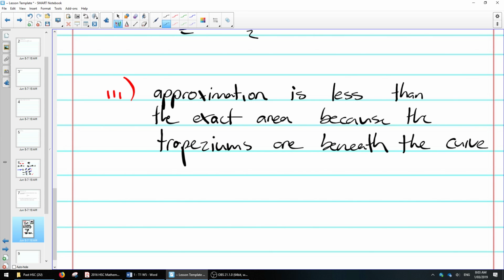Just something along those lines. You just need to basically explain what you're saying. And in this case, we see that the trapeziums are below the curve. Say that. Okay.